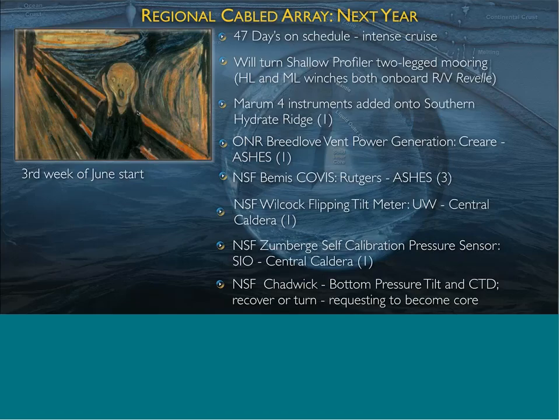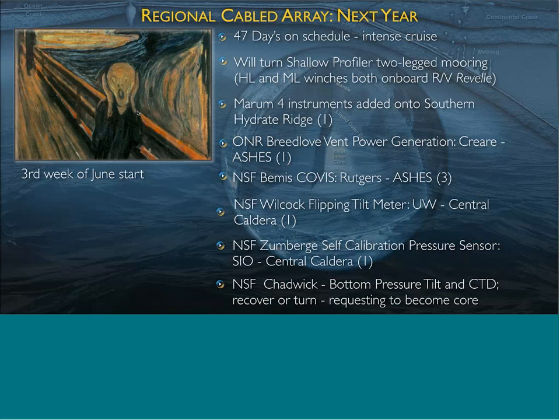So next year, this coming summer, we have 47 days. I'll go through some of the instruments that will turn, and then a listing of the NSF and other funded projects to date. So we have 4 instruments that are funded by Germany that will be installed at Southern Hydrate Ridge, the power generation system by ONR, the COVIS diffuse vent imager at Ashes, and then 3 of the geophysical arrays or sensors that will be out there.